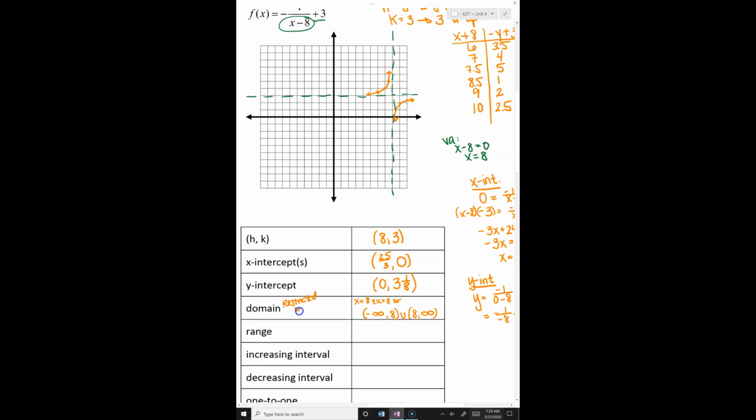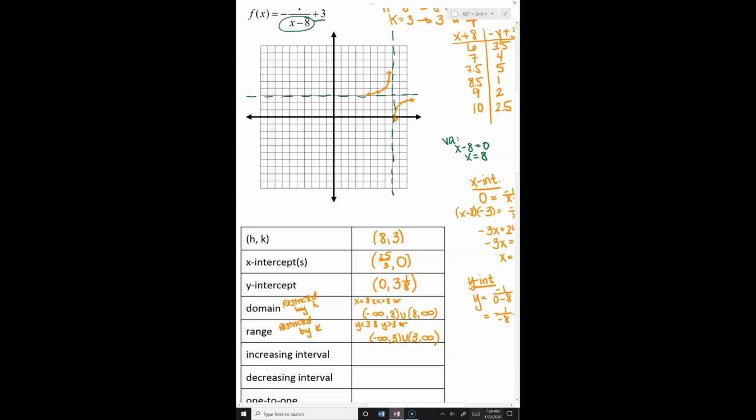These are your notes. Restricted by k, which makes sense because h is our vertical asymptote, k is the horizontal. Okay, so y is less than 3 and y is greater than 3, or we're going to do negative infinity to 3 union 3 to infinity.